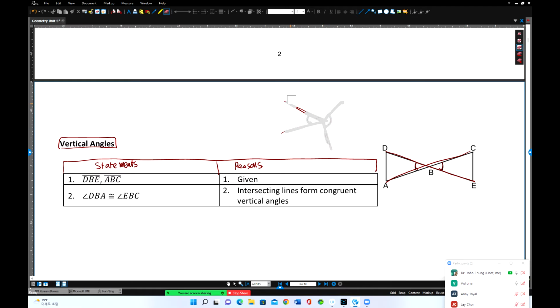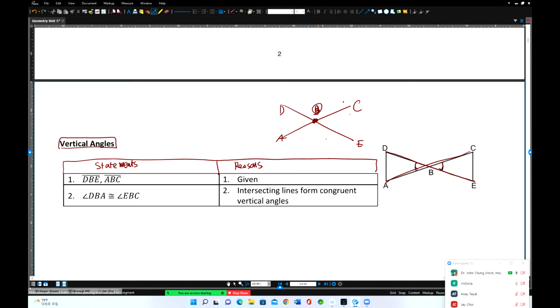If you want to say vertical angles, this is a straight line. D, B, C is a straight line. Also, A, B, C is a straight line. Now they intersect at point B over here. We say the lines are intersecting at point B. This is C.